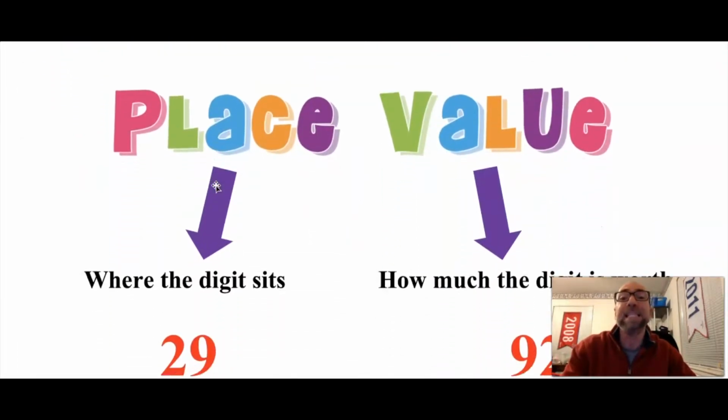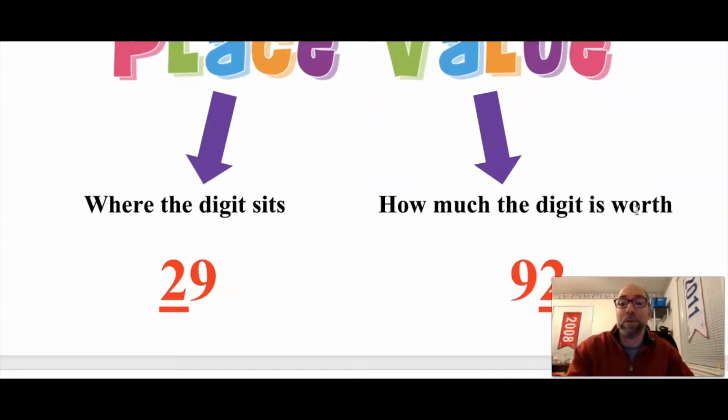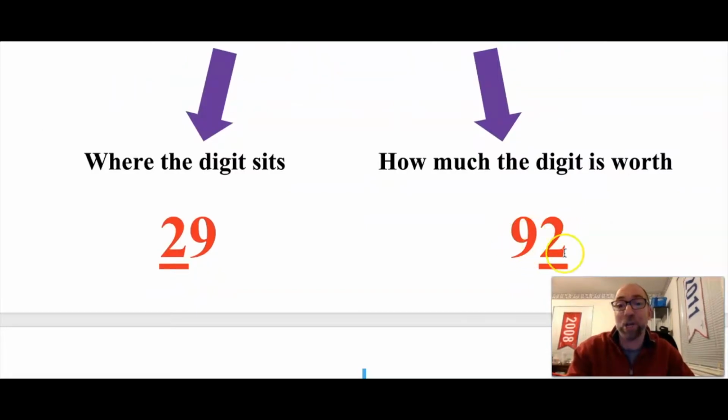Remember that place value has to do with two things. The place is where the digit sits. You can see in my number 22, the number 2 sits in the tens place. And then the value tells us how much the digit is worth. Well, you can see in the number 92, the digit 2 is in the ones place.